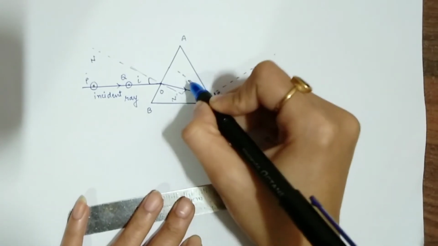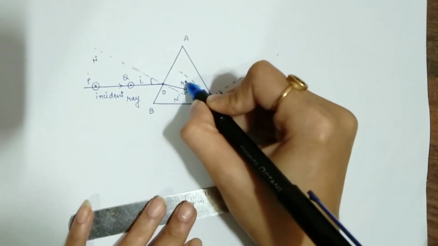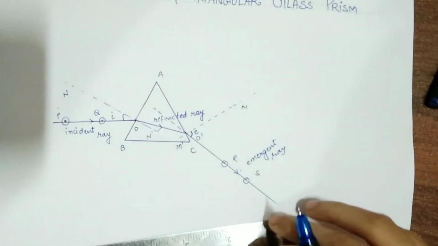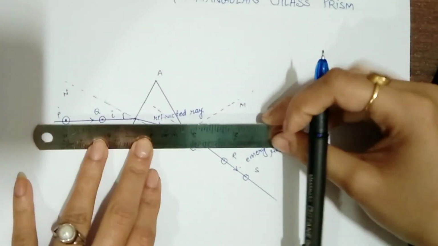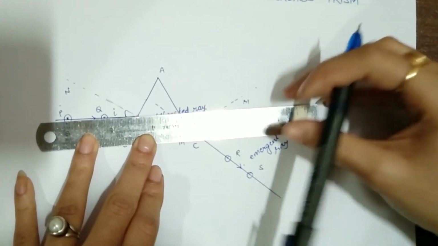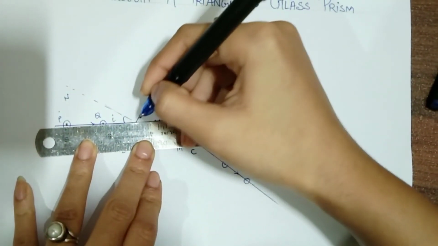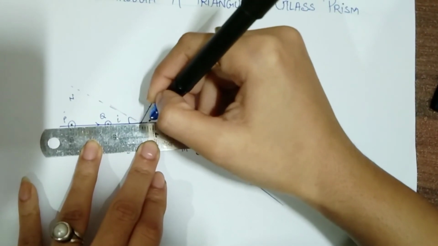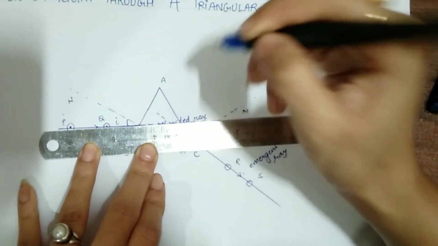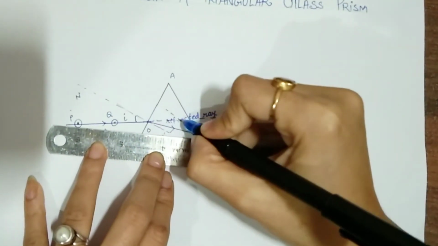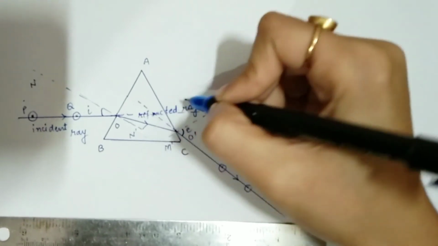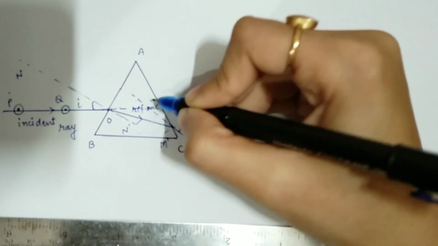This line is the refracted ray, and now we will extend our incident ray further. So we can see this point where our emergent ray and the incident ray are intersecting each other.